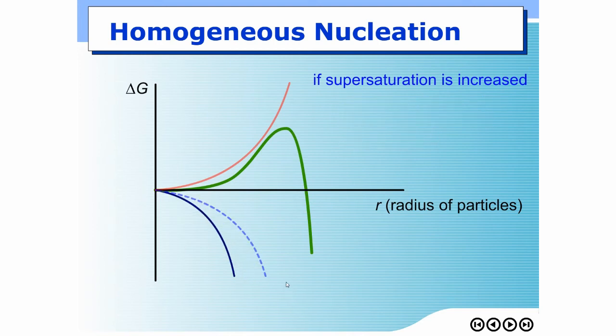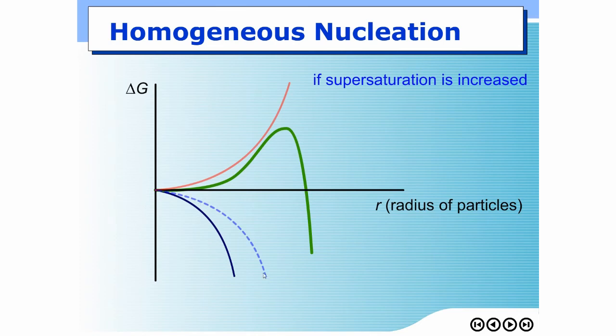Now, the higher the supersaturation, the higher the delta GV. And when you multiply delta GV with R cubed, that function would reduce down more quickly. So this blue line would go to the left-hand side, like this, when you increase supersaturation level.